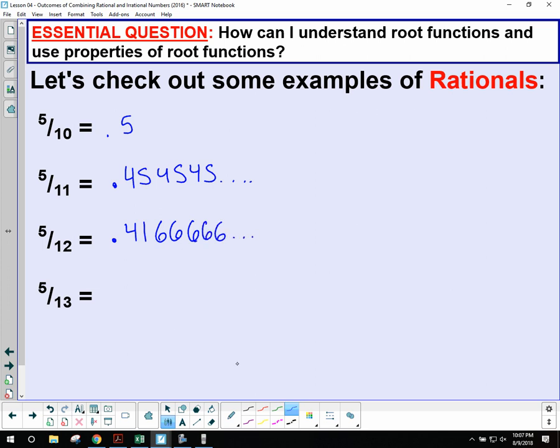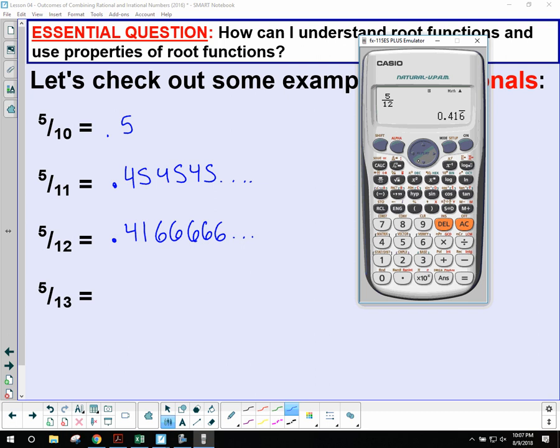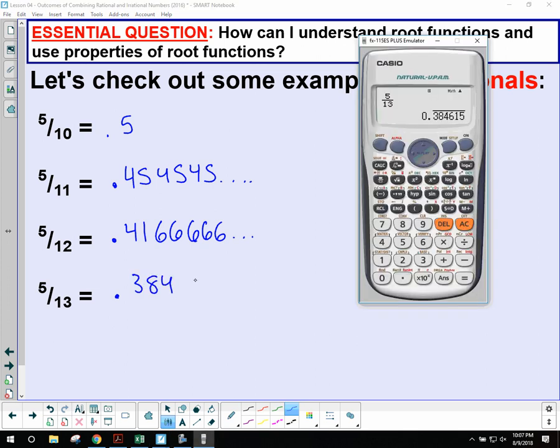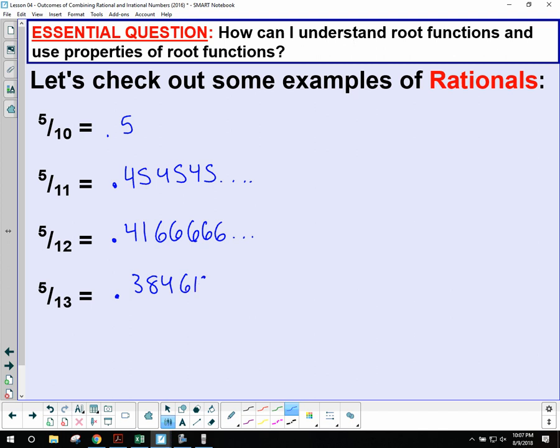And 5 over 13. Again, we get 384, 615 repeating. So let me write that. 384, 615. And this is repeating, so I'm just going to rewrite it, and it goes on and on. These are all examples of rational numbers.